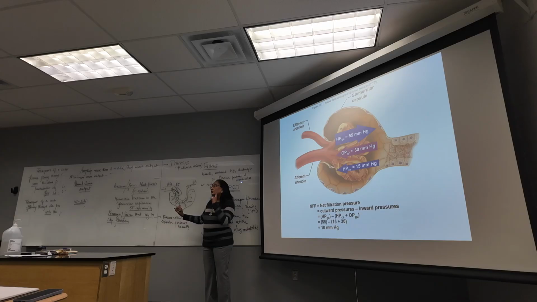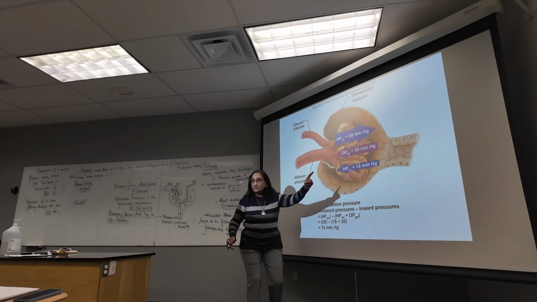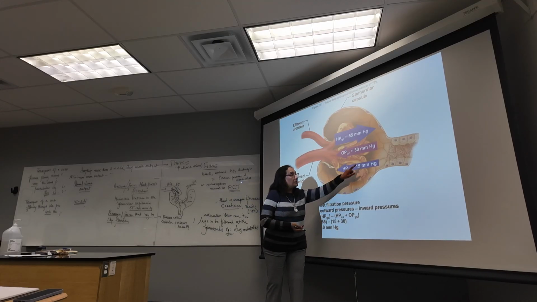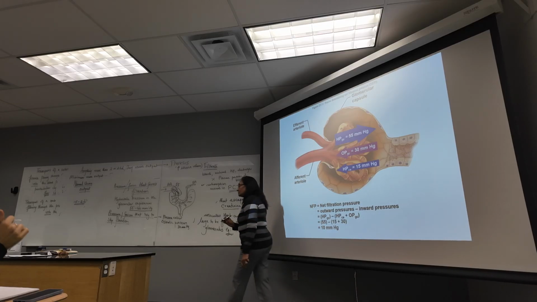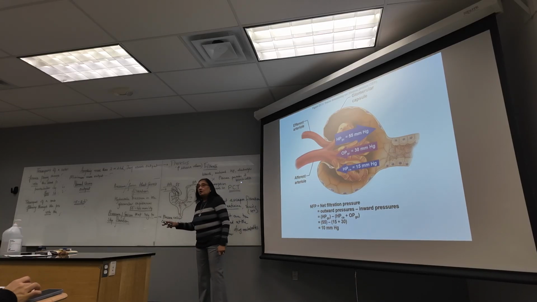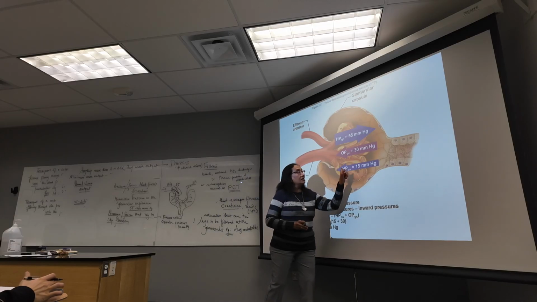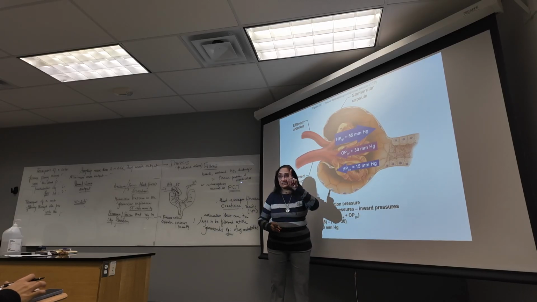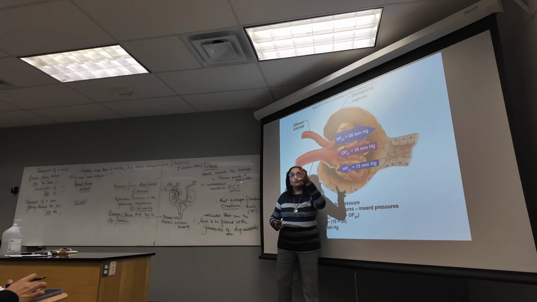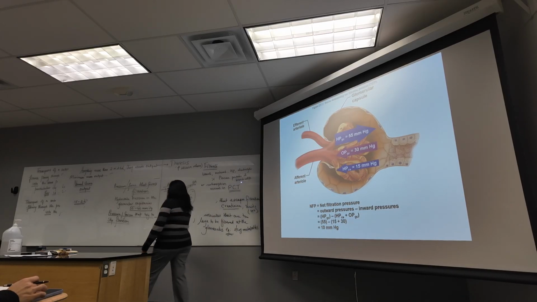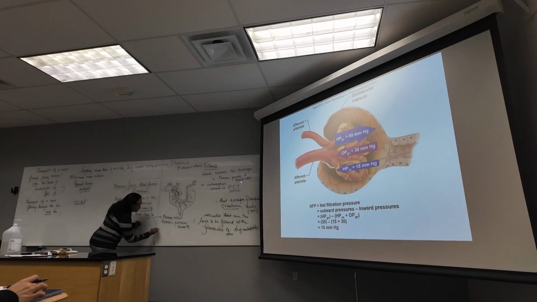But again, in a normal nephron, it doesn't happen because this fluid will flow down into the PCT. So this pressure of the liquid that collects in the cup is called the hydrostatic pressure of the capsular space. That is the fluid that collects in the cup. This also tries to stop filtration.